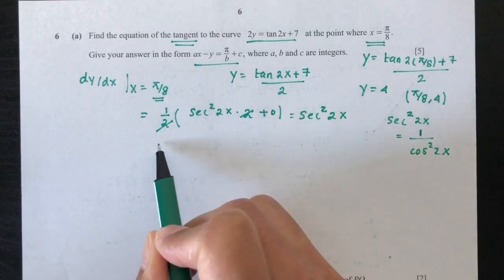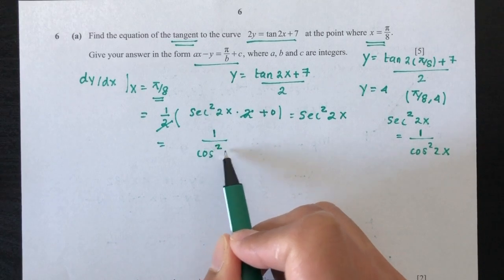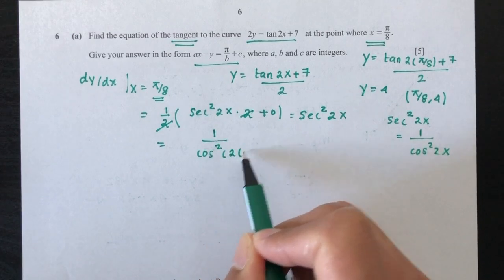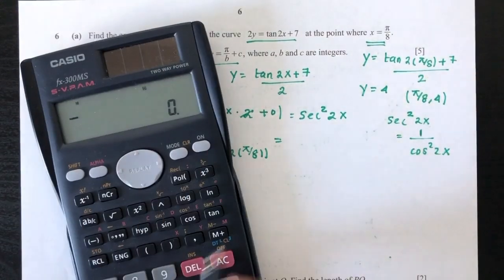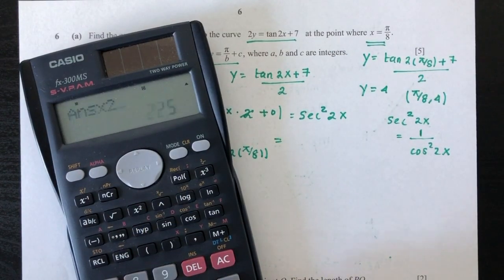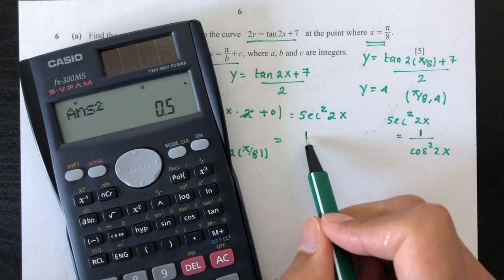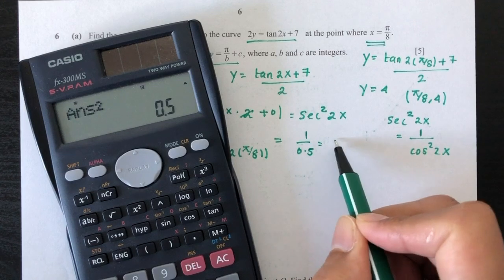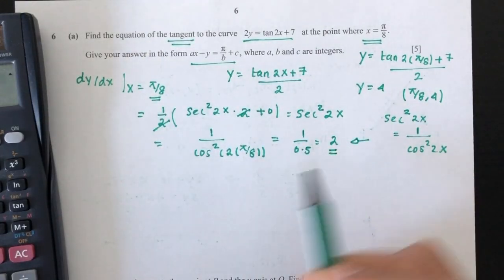So replace this here, you will have 1 over cos square 2 times x, which is this value. Let's see what we get. So pi is 180 divided by 8 times 2, cos of answer square, that will be 1 over 0.5, which is 2. So dy by dx at this is equal to 2.